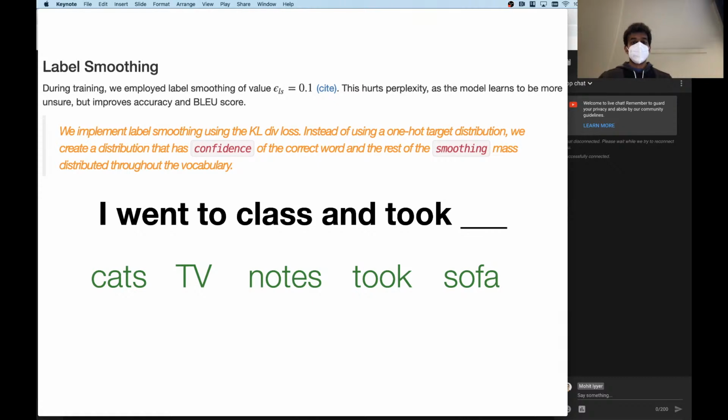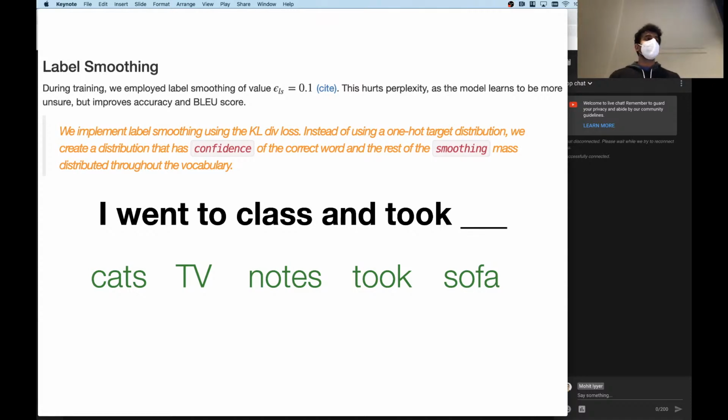So if you remember, if we have an example like this, "I went to class and took blank," and in your training data, you see the word "notes" following this prefix. Your ground truth probability distribution, the one that you want your model to predict, will have 100% of the probability mass on "notes" and 0 on every single other word.